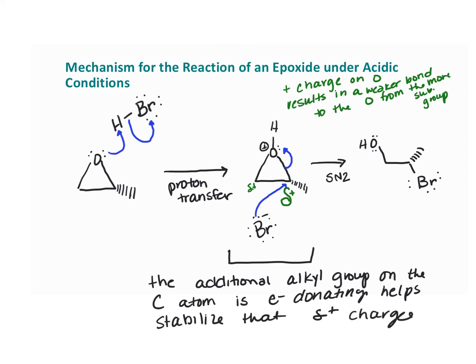Okay, so that carbon-oxygen bond, as we've already mentioned, on the more highly alkyl substituted carbon is just broken to a greater extent, and we're going to look at that more on the next slide.